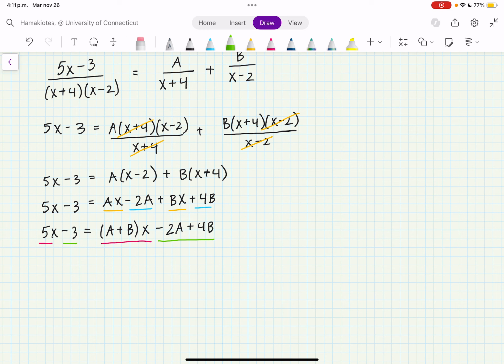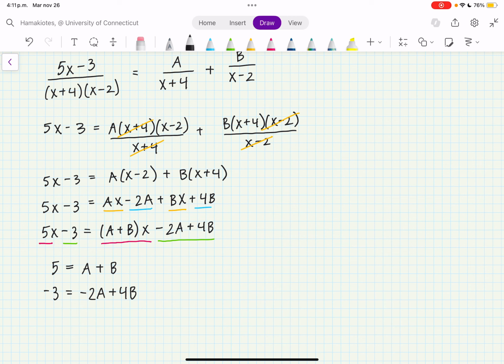So let's see what happens when I set these equal to each other. The pink tells me that 5 equals A plus B, and then the green tells me that minus 3 equals minus 2A plus 4B.